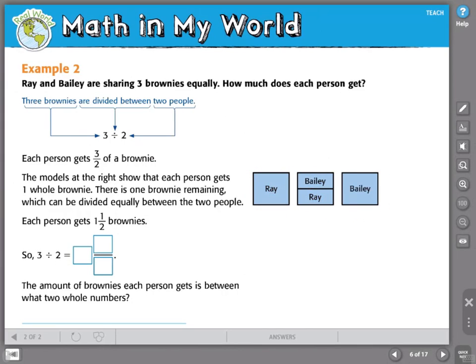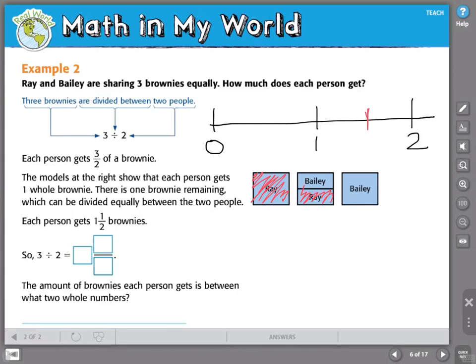Next, the question asks, the amount of brownies each person gets is between what two whole numbers? So again, let's check out our number line. Here would be 0 brownies, 1 brownie, and 2 brownies. Well, we know that Ray ate 1 whole brownie and half of another brownie. So Ray ate more than 1 brownie.